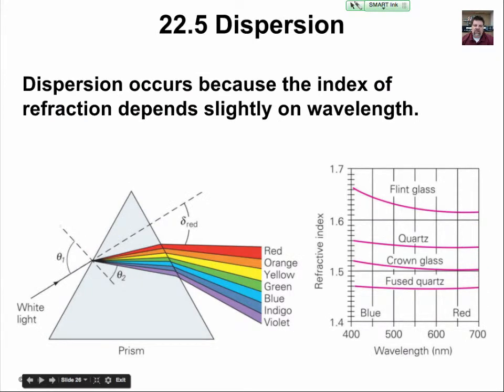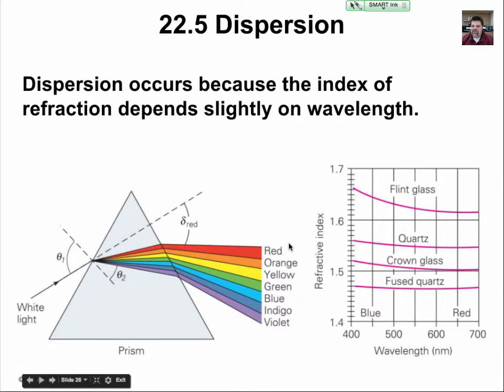So dispersion occurs when the index of refraction depends slightly on the wavelength. What we can do is manipulate the medium that the prism is made out of and the angle of incidence in such a way that we separate white light into various wavelengths.